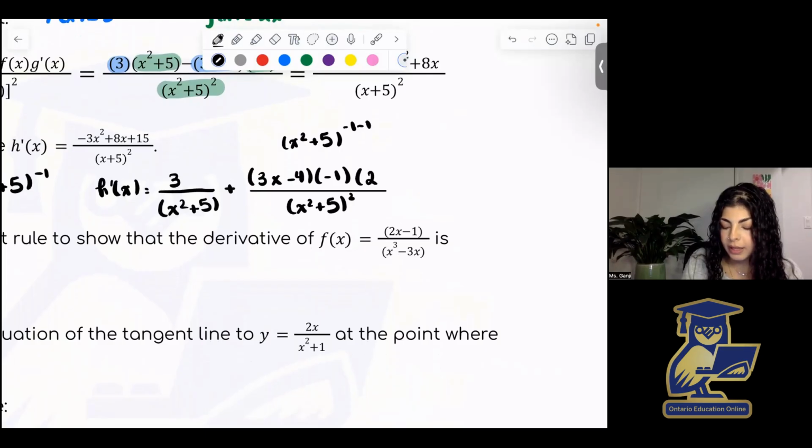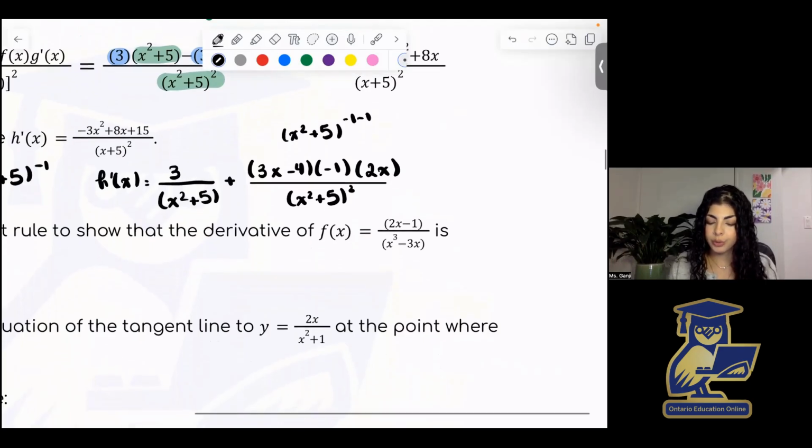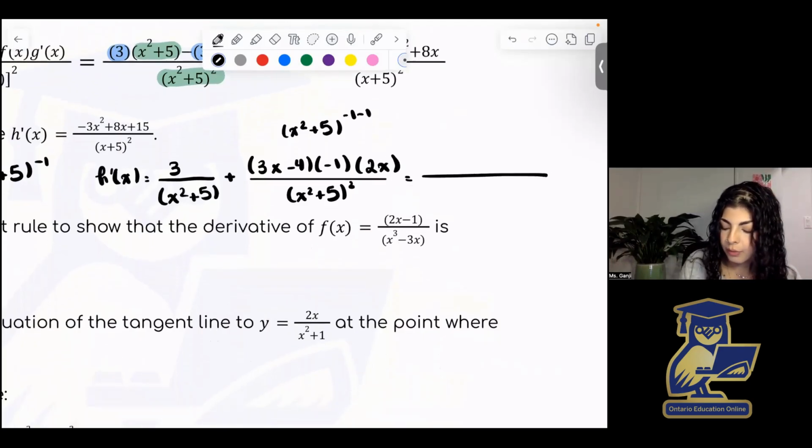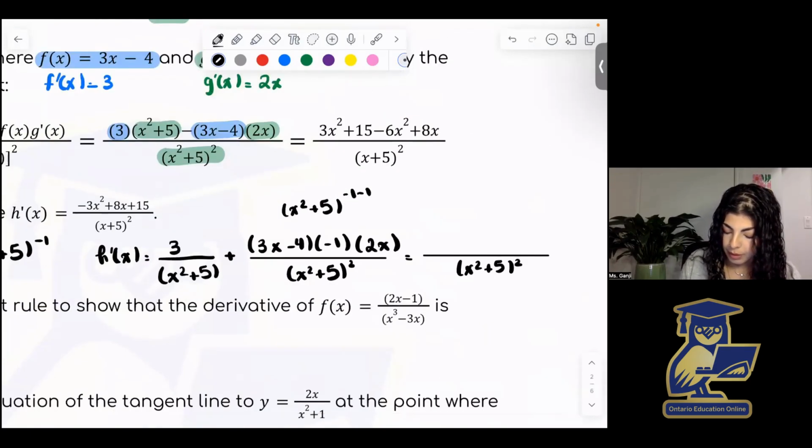And finally, the power of function rule tells me that we need to find the derivative of the inside function, so 2x. And now, finding a common denominator, which is going to be x squared plus 5 squared, I'm going to have 3x squared plus 5.